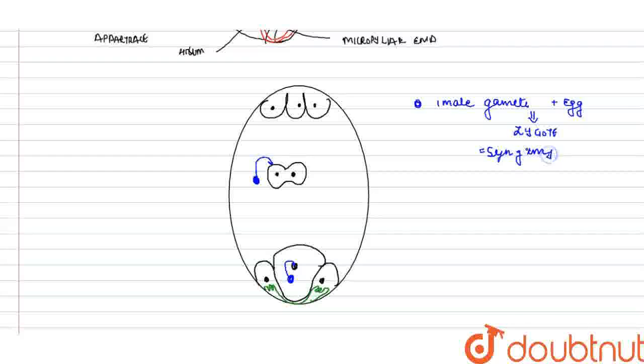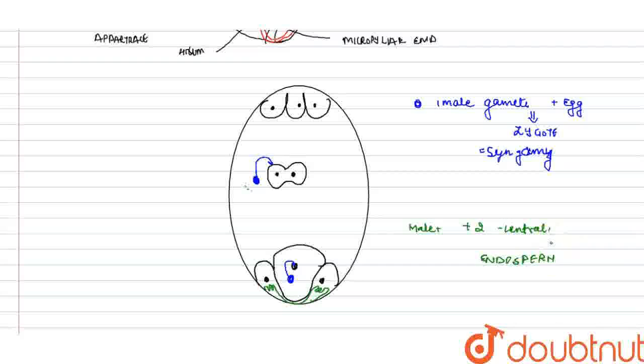All right. The other male gamete will combine with these two central nuclei, and this will result in the formation of the endosperm.